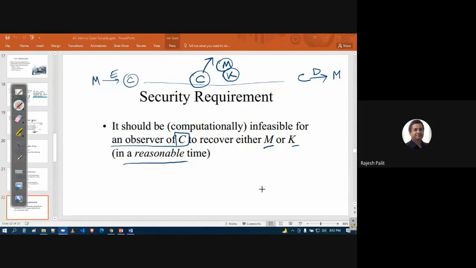What will happen if the attacker can recover M from C, and what will happen if the attacker can get K from C? What is the implication?